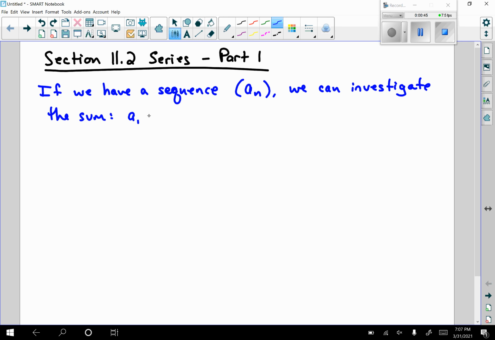So adding a sub 1 plus a sub 2, and so on. And we can write this using sigma notation. So it would be the summation as n goes from 1 to infinity of a sub n. And this is called a series or an infinite series.